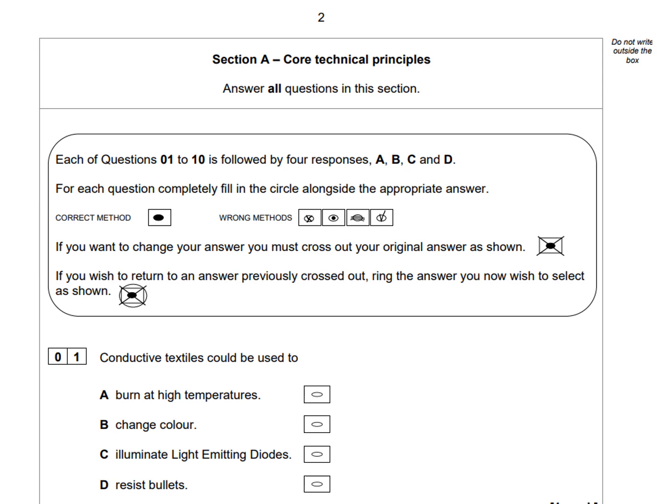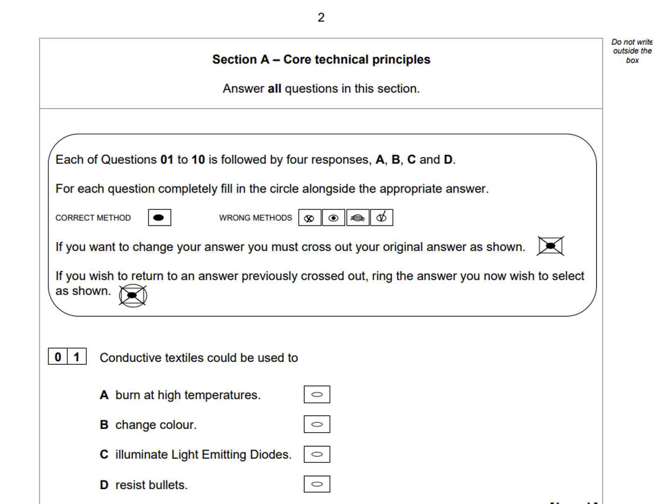It needs to be a solid black blob in the middle of that oval shape, so that in June, when your exam papers are scanned in, your answers stand out. If you do make a mistake, you put a neat cross through, and then you put the right answer. And if you want to go back and change your mind again because you think your first answer was right, then you put a circle around it.